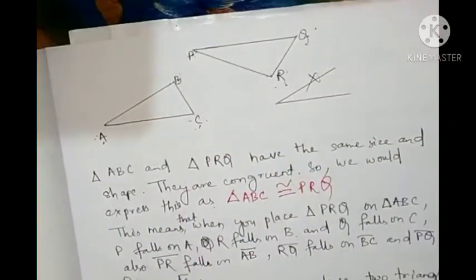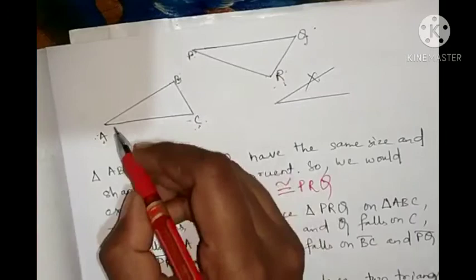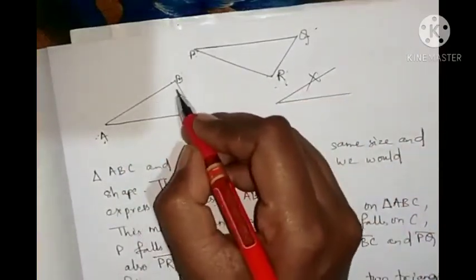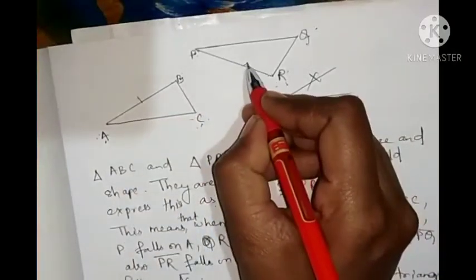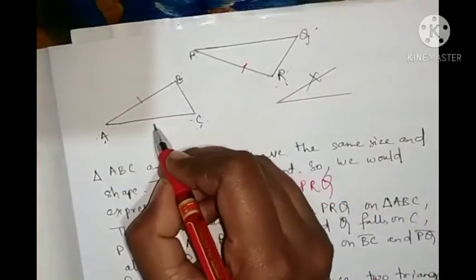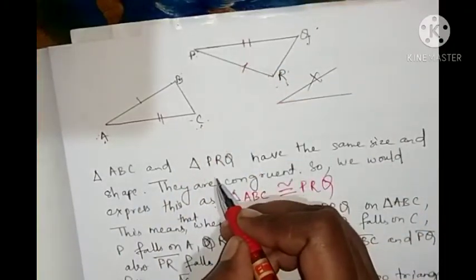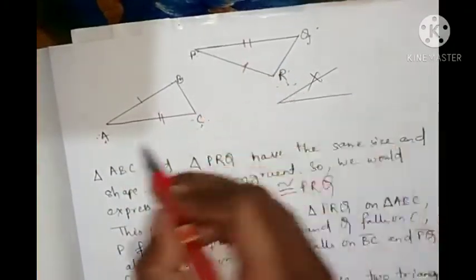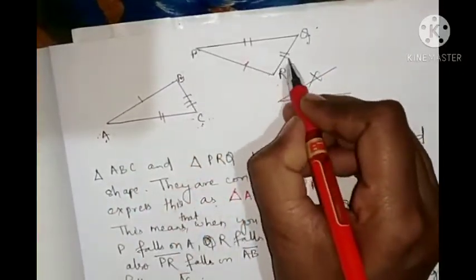Okay. If under a given correspondence two triangles are congruent, then their corresponding parts, meaning angles and sides that match one another, are equal. So if these two are corresponding, AB is equal to PR, AC is equal to PQ, and BC is equal to RQ.